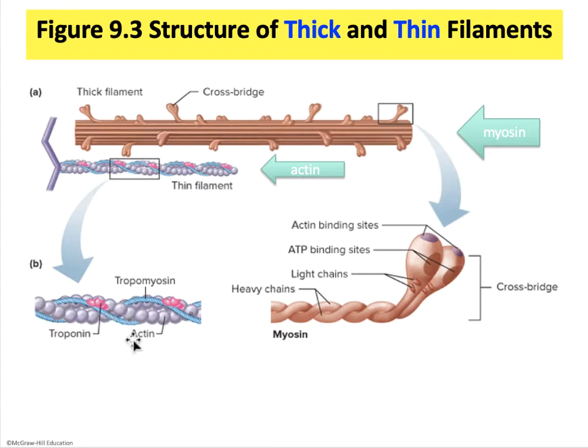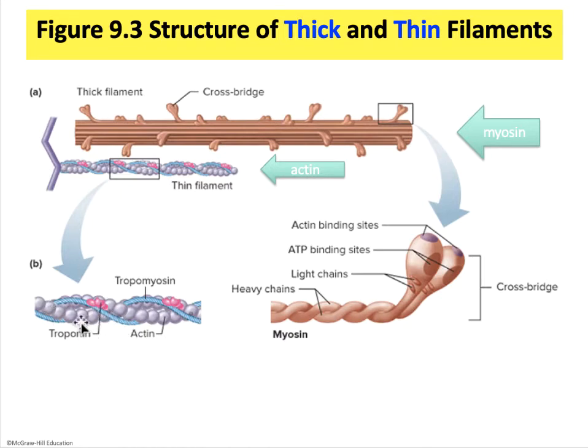If one looks closely, one can see little tiny dots on the surface of each of the actin subunits. And those black dots indicate a binding site for the surface of the myosin protein. Under normal circumstances, when the muscle is not contracting, the tropomyosin is covering these binding sites so that there is no interaction between the two types of major protein.